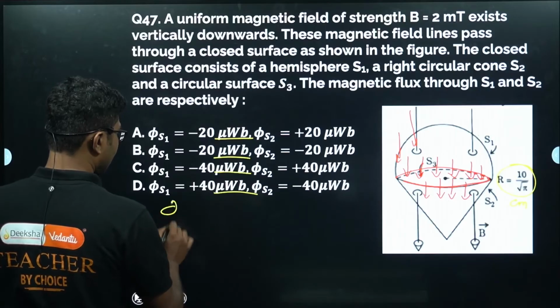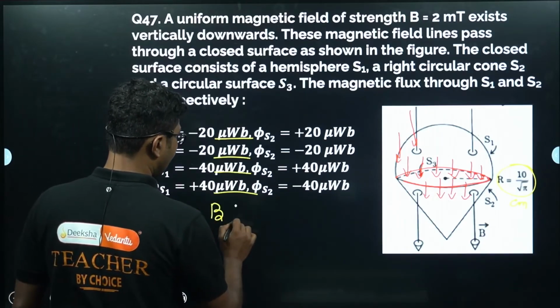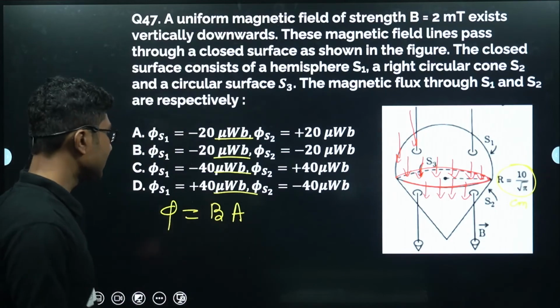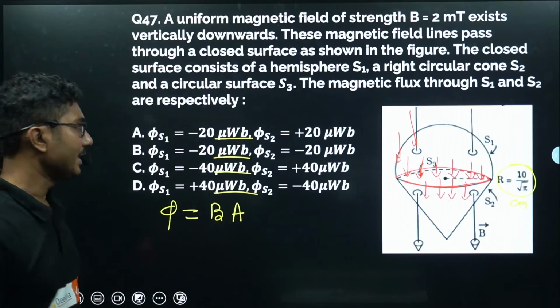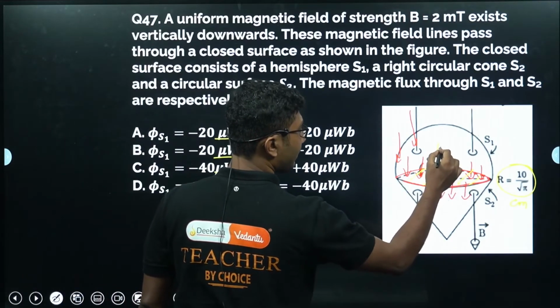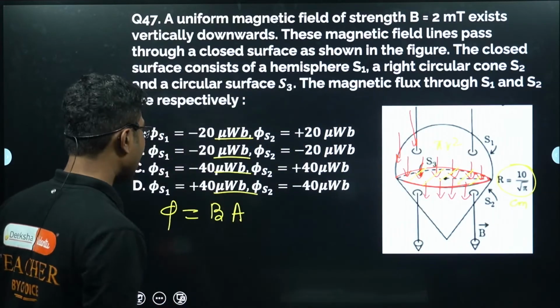Flux is basically B times A. Magnetic flux through a surface is given by magnetic field times the area. Now what is the area of this? The area is pi r square.